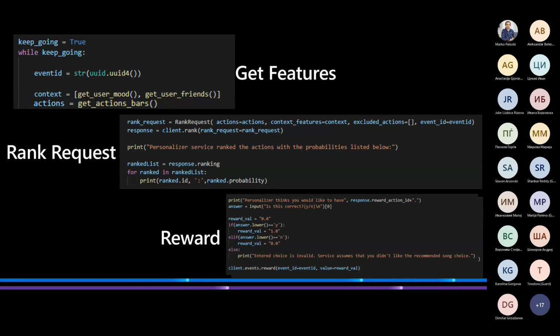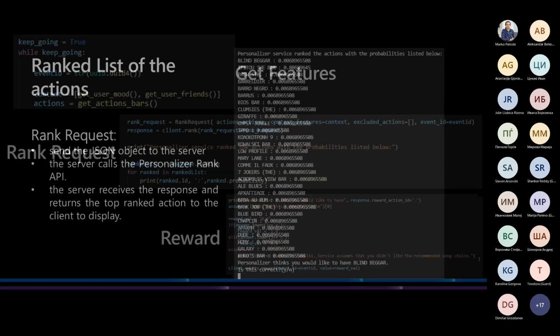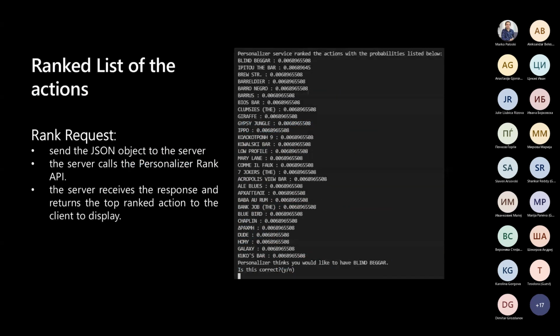And then we give back the client events reward to the service, in order for the service to learn and recommend something better next time. So this was pretty much it, and here you can see most of the different kinds of data that we get at the end.